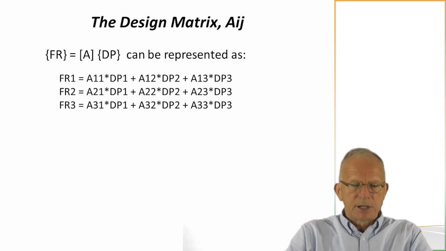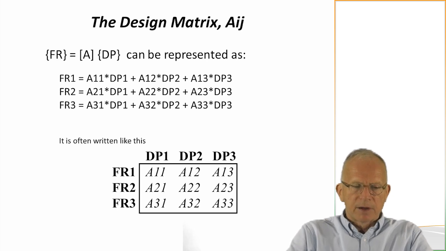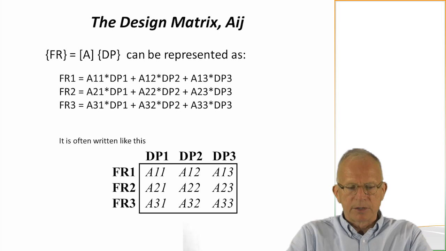And so it's easy to see a pattern. If we look down the column, we see it's all DP1s multiplied by the A11, A21, and A31. And then if we look across, say FR1 equals, in this case we've got A11, A12, A13 times each of the DPs. So we have an easy, obvious pattern to see there.